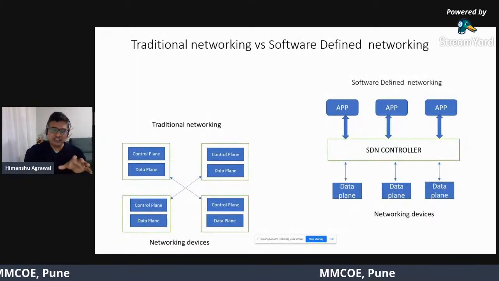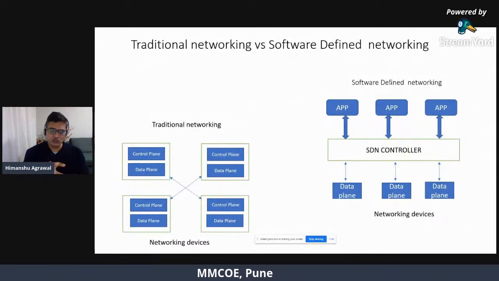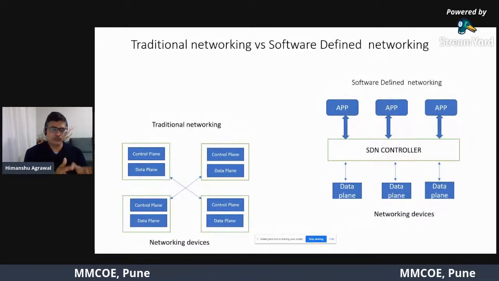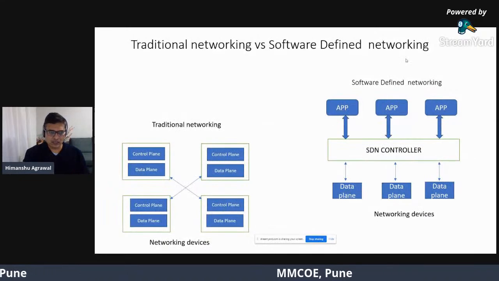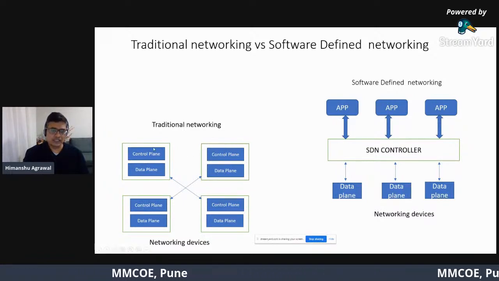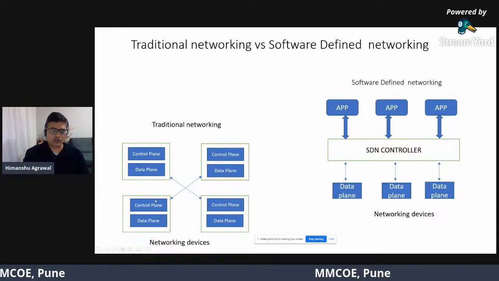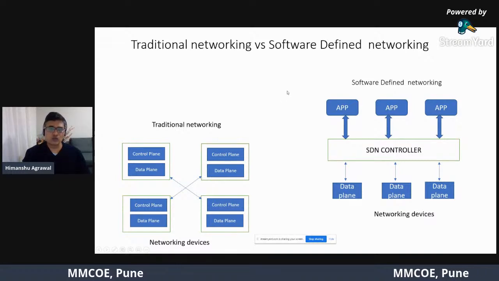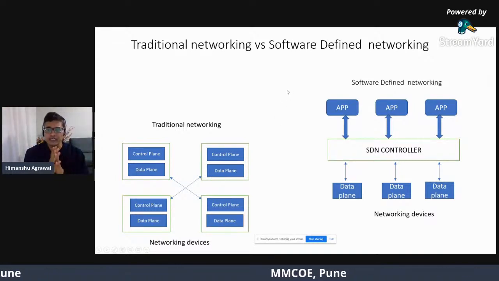So if you see this slide, I think it gives you a better view of how you actually see a traditional network, right? In the traditional network, you have the control plane and the data plane. So this is actually a router. Let's say this is router 1, router 2, router 3, router 4, and they are connected to another router, let's say a core router, and the core router then connects to the outside internet, right?